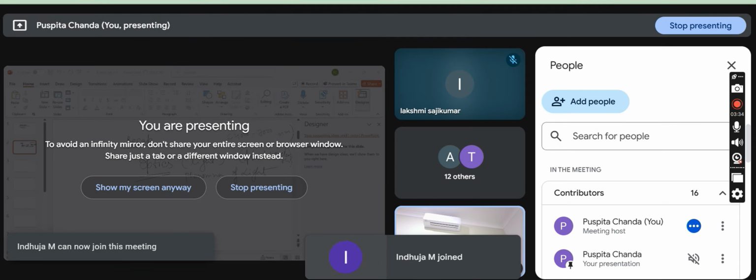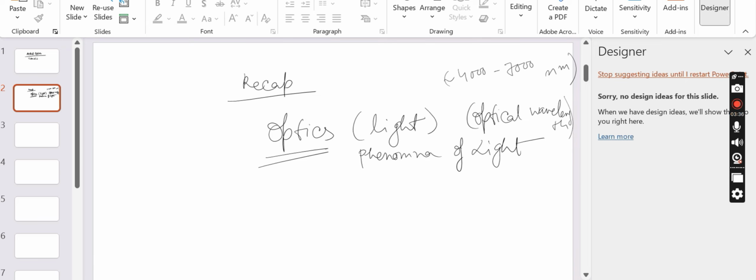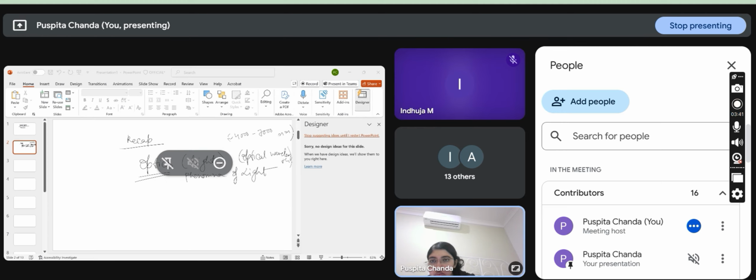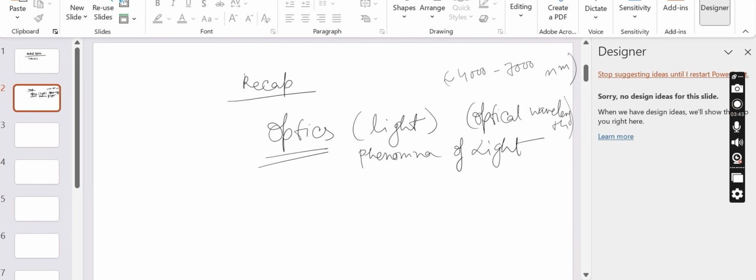But nowadays, the people who work in modern optics, they work beyond this range also. They work in terahertz, others work in IR, infrared, some work in UV light and all those things. That also constitutes the optics part.